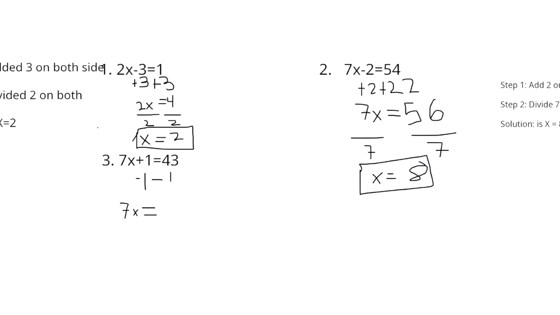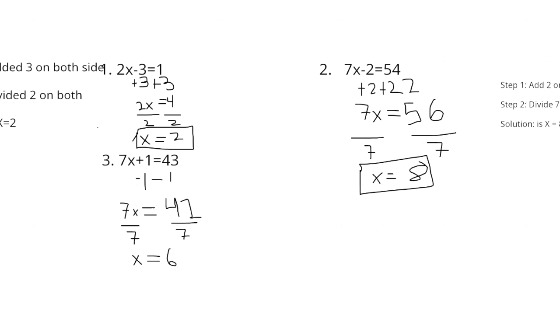I did not mean to redo the whole thing. Okay, divided by 7. It's not 41, it's 42. x is equal to 6. That's basically your answer for 2 and 3, but now let's get into steps.